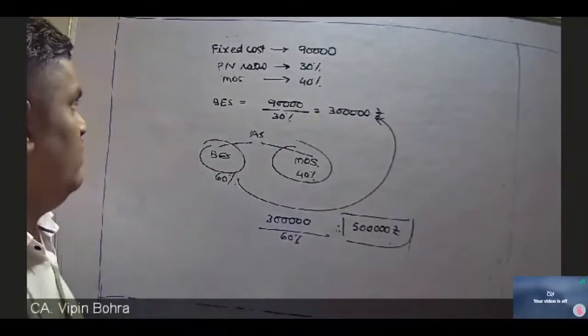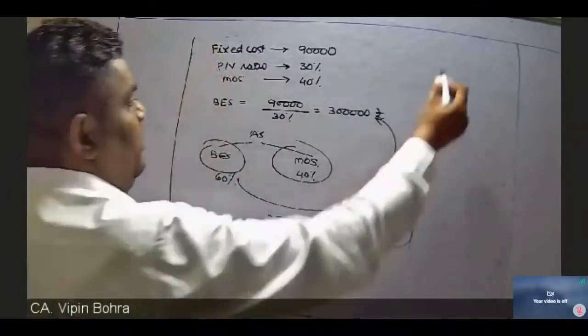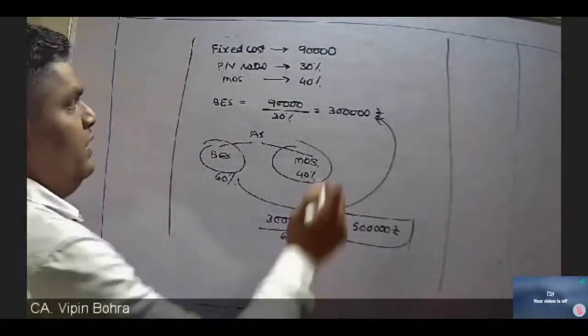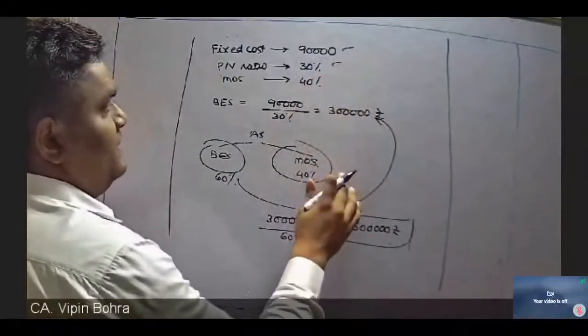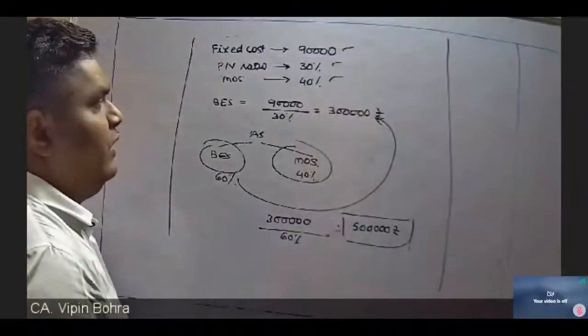I have already solved the question over the board. Please check your solution. The fixed cost is 90,000. My PV ratio is 30%. My margin of safety is 40%.